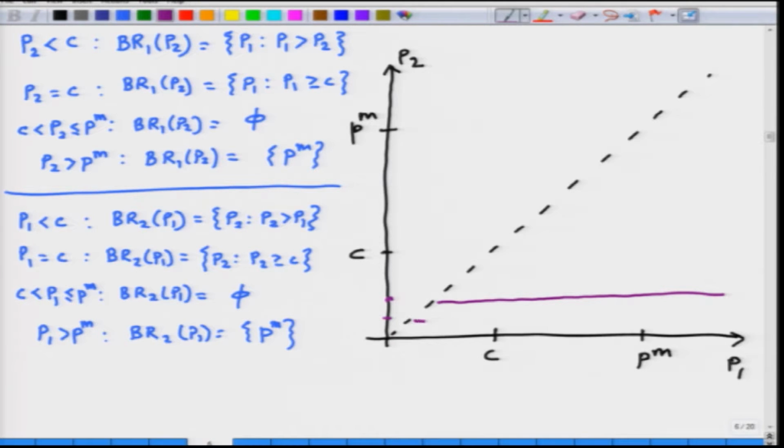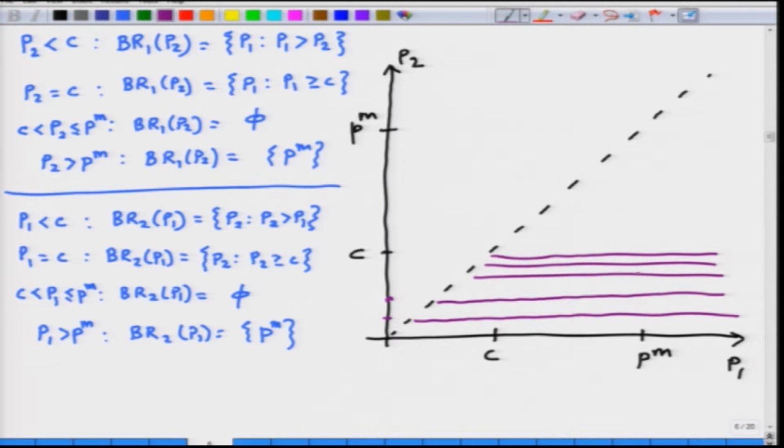Those are prices somewhere here, all the way until C. If I were to draw this entire thing, I would get this entire set of prices which denotes the best response of firm 1. Notice it does not include the 45-degree line, but any price P1 which is strictly larger than P2 is a best response for firm 1.